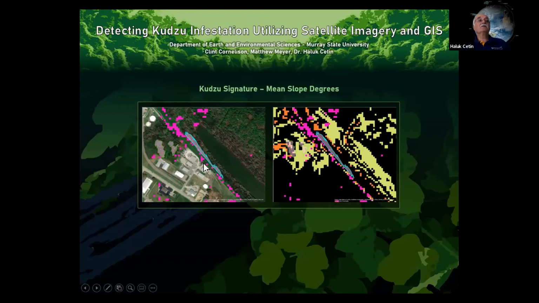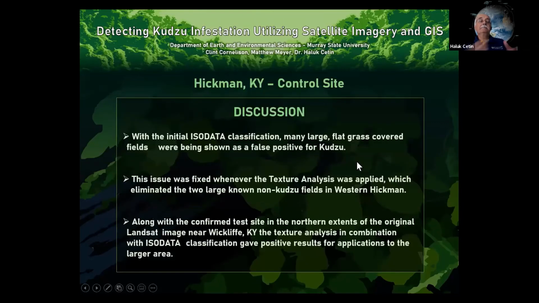There were some vegetation species that really mixed with the signatures of Kudzu. Kudzu itself is a vegetation type.